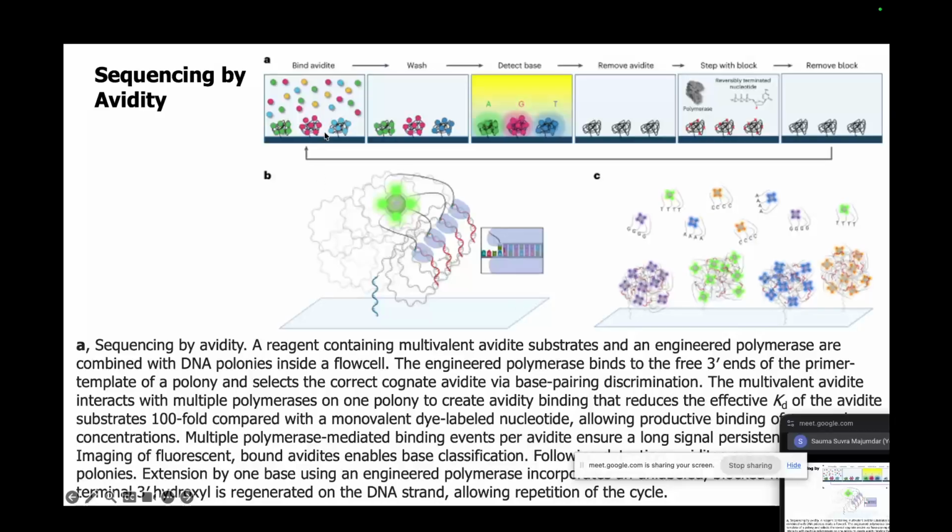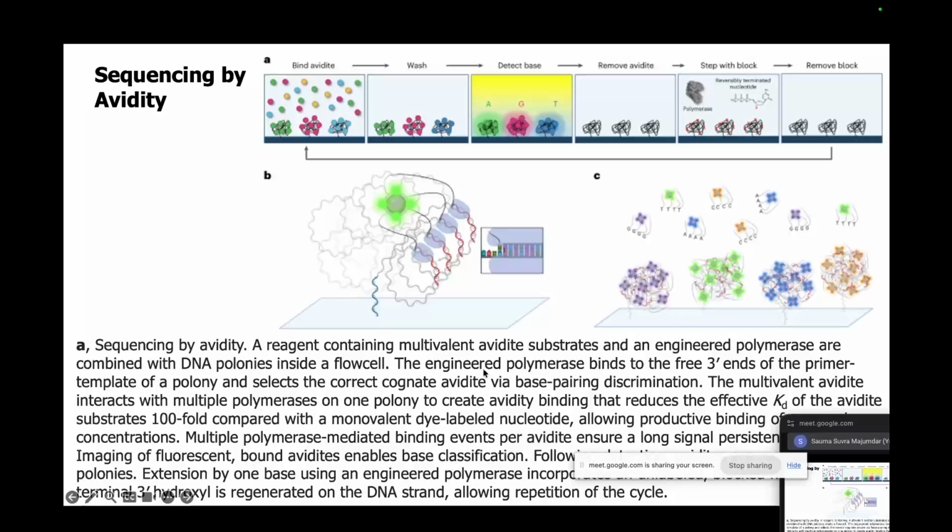So you have a substrate, and on top of that a multivalent set of probes, you can assume, attached for different nucleotides. When the DNA polymerase replicates the polony, it will pick up the actual avidite required for this particular base pairing.